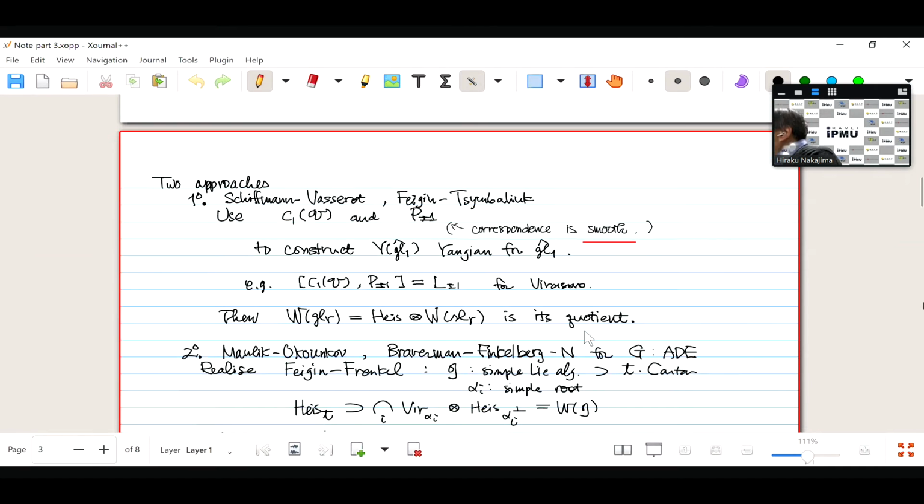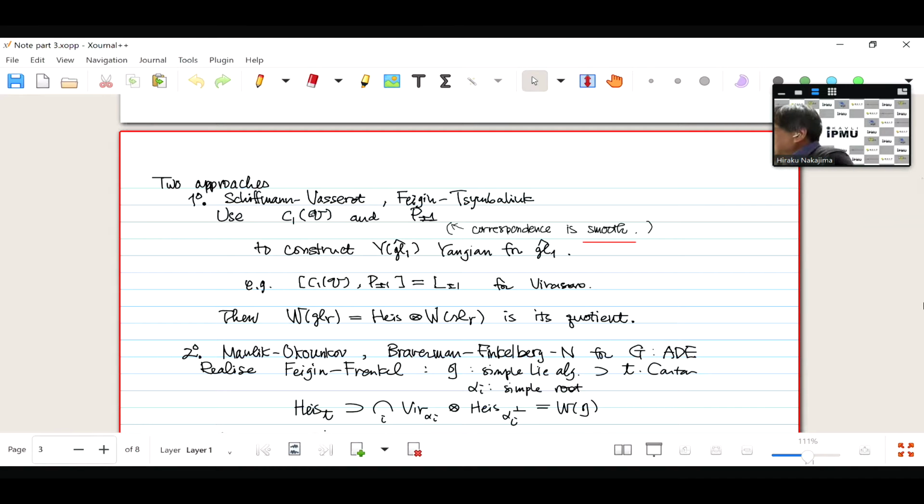I mentioned that there are two. Let me see. So do you see my cursor? Maybe you don't see. Gradually see the cursor. Okay. Yeah, we can see.